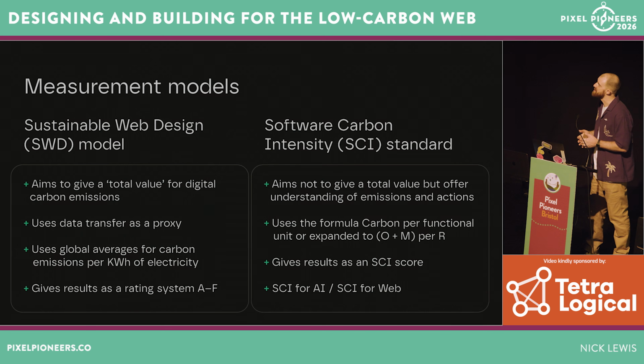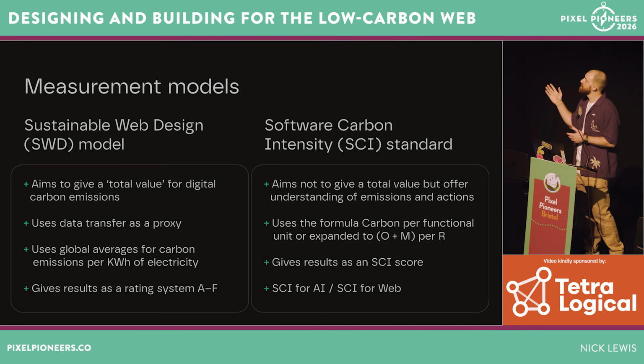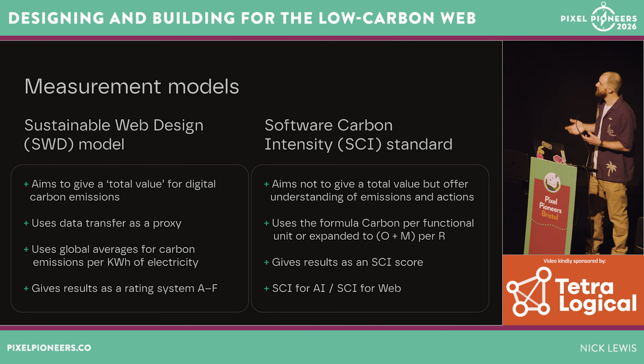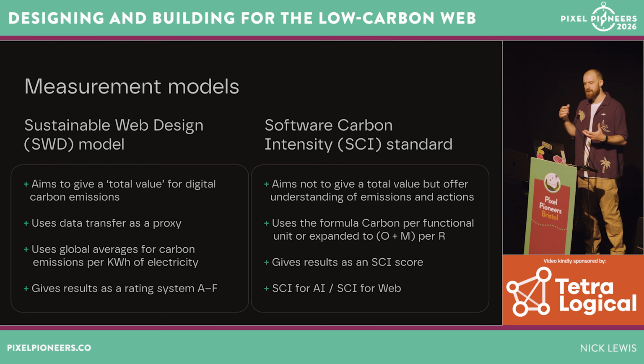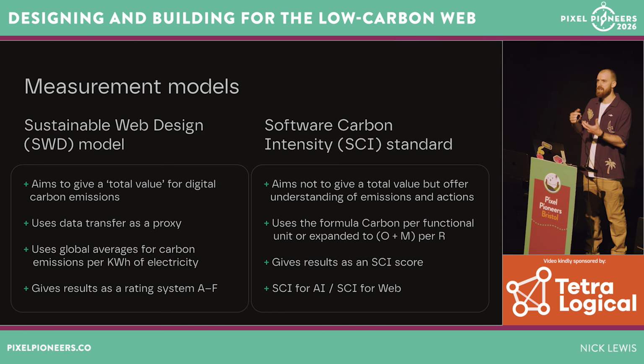As I said, there are a couple of measurement models which are pretty common at the moment. One of them, the Sustainable Web Design model, is designed to give you a total value based on a web page view. It uses data transfer as a proxy for carbon emissions, which definitely isn't perfect.